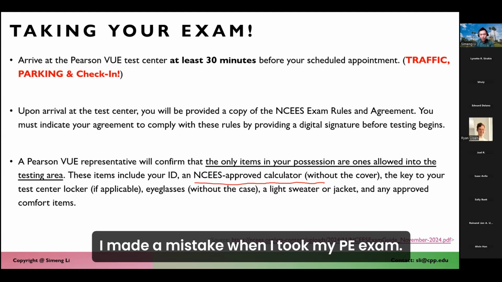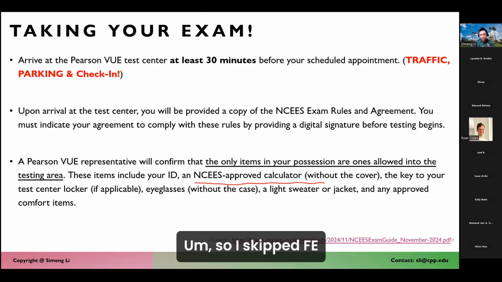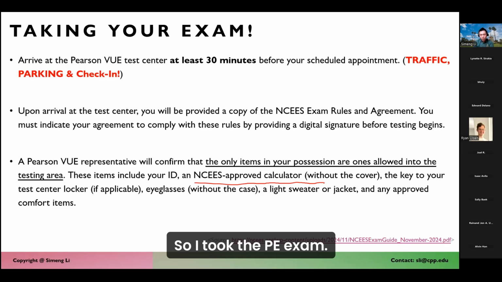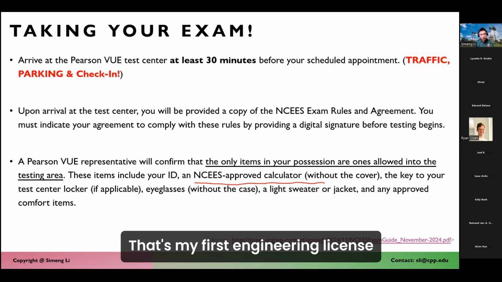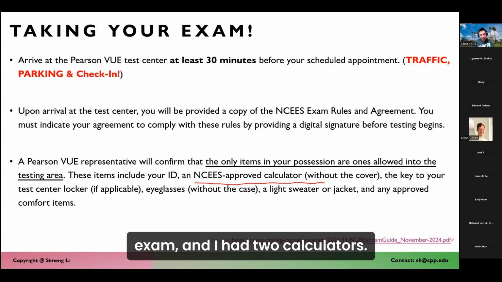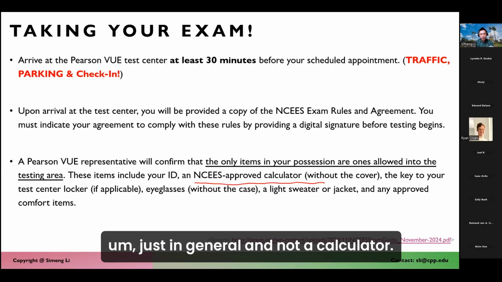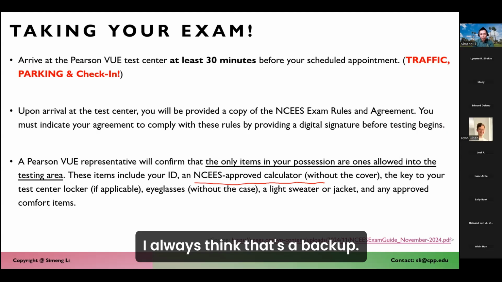I made a mistake when I took my PE exam. I skipped the FE because I had a PhD, so I could waive my FE requirement. So I took the PE exam. That was my first engineering license exam, and I had two calculators. Great, but I had one calculator that I practiced on regularly, and another that I always thought of as a backup.